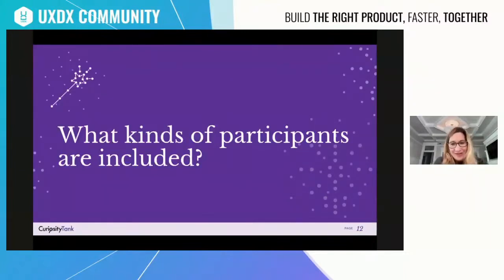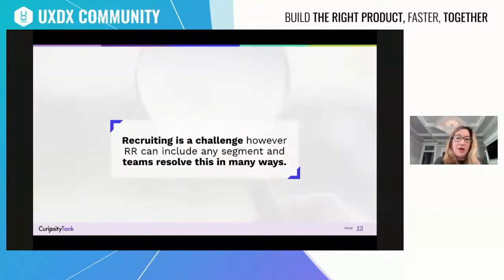So, what kinds of participants are included? This is a really good question and one that I field a lot. And the truth is that it can include all types of participants, all types of segments. But recruiting is definitely a significant consideration when building a rolling research program because you need to have those people within arm's reach to be solicited and recruited and scheduled on that weekly or bi-monthly or monthly basis.